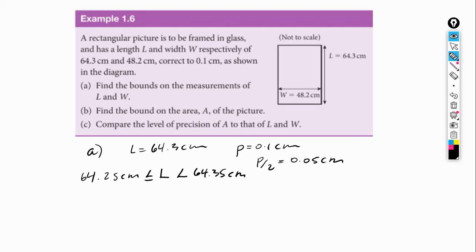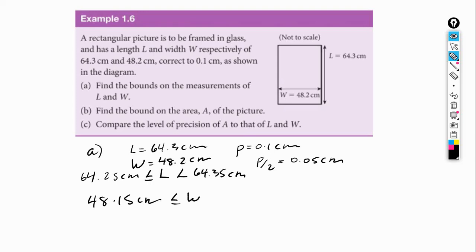And then we have that the width, W, is equal to 48.2 centimeters. And then we would do the same thing. We would subtract the 0.05. So that would give us 48.15 centimeters as the lower bound.